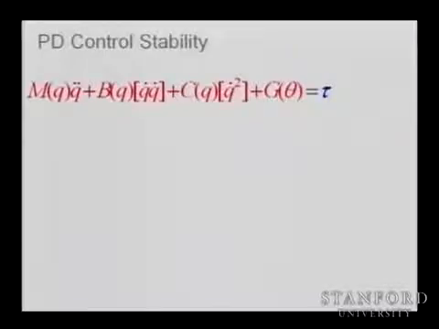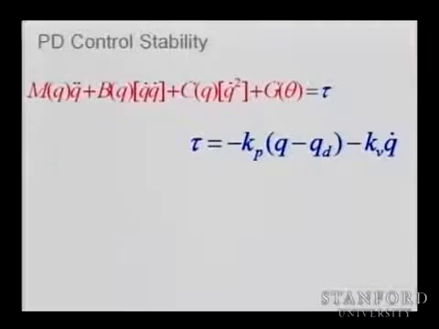So instead of looking at the equation in this form, a torque equation with a controller that is a vector PD, it's not just a component. It is applied to all the joints.